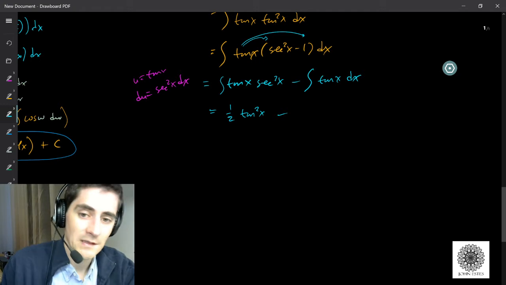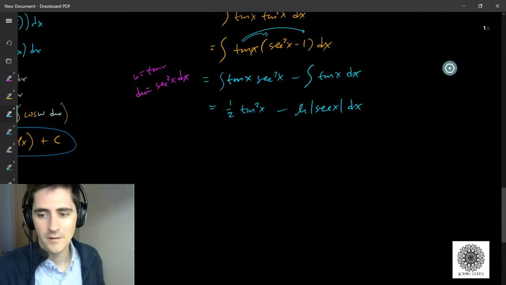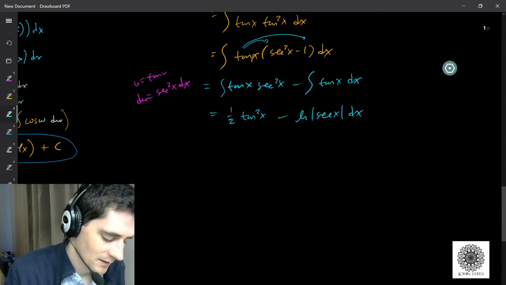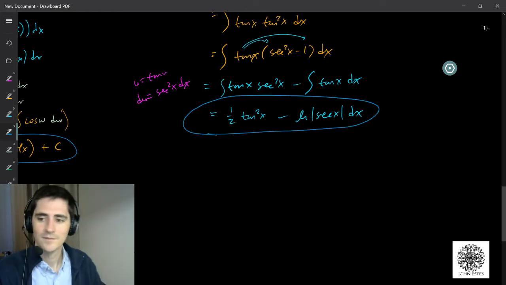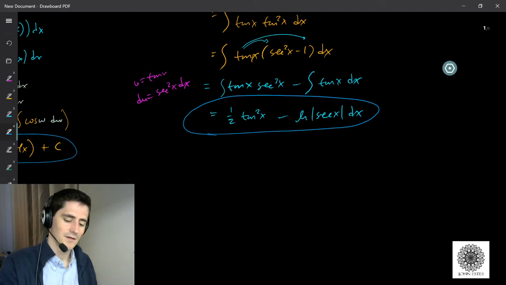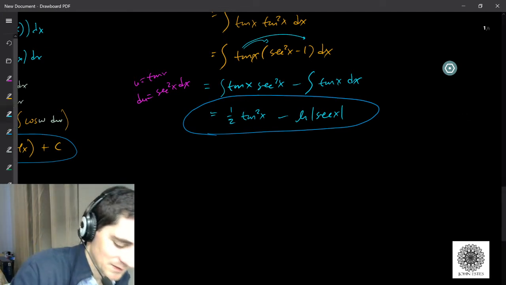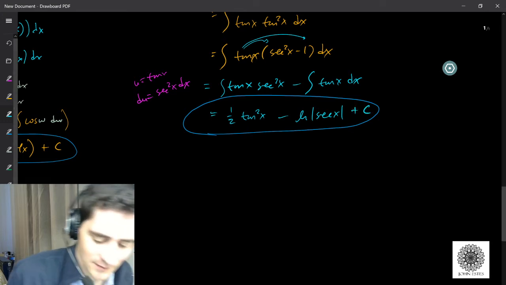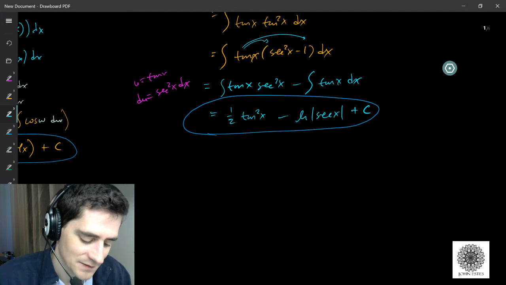And then the integral of tangent, well, we know that to be ln secant x. So there we have it, 1/2 tangent squared minus ln secant x. That's our answer. Not dx, I'm sorry. When you integrate, what do you say? Plus c, right? That's what I was thinking in my head, but I was writing and saying the wrong thing. All right, so plus c.